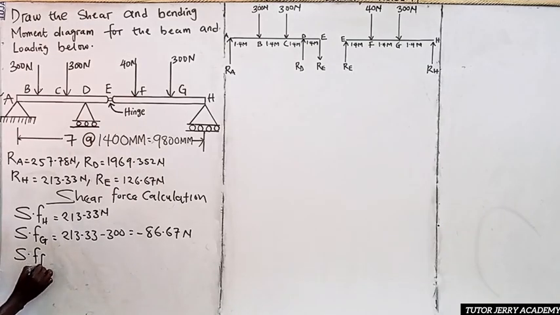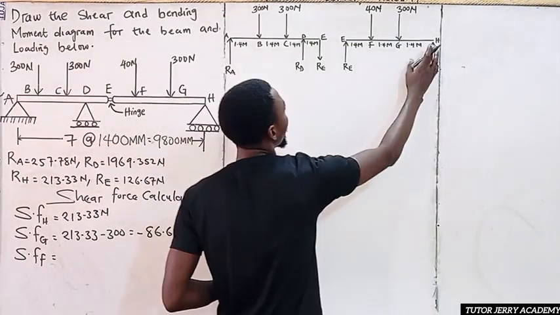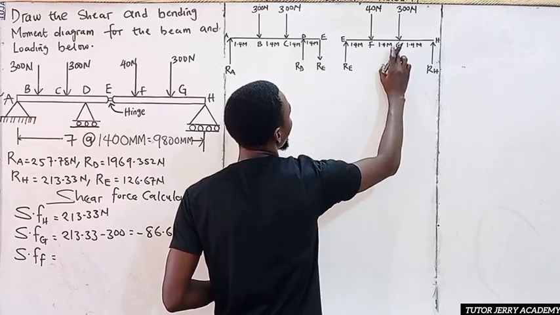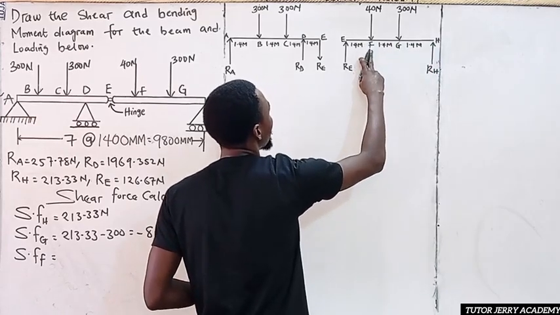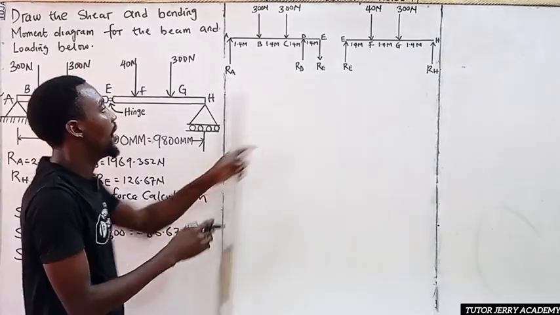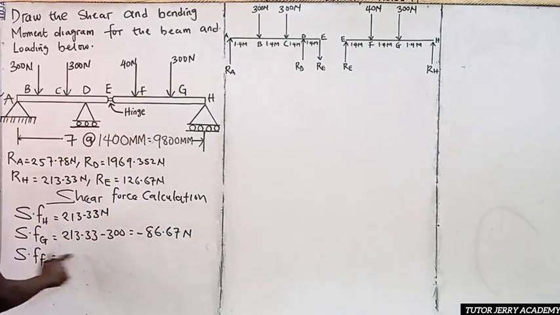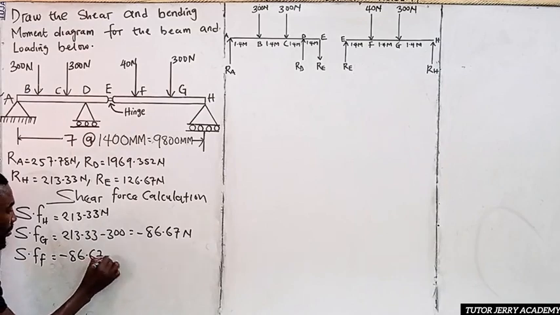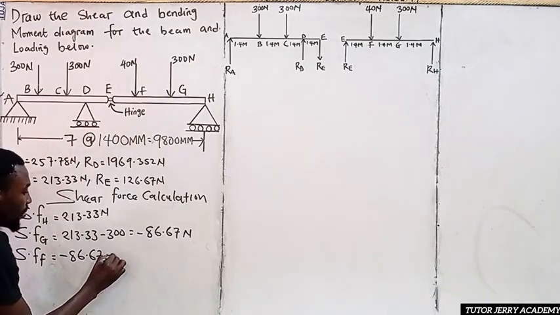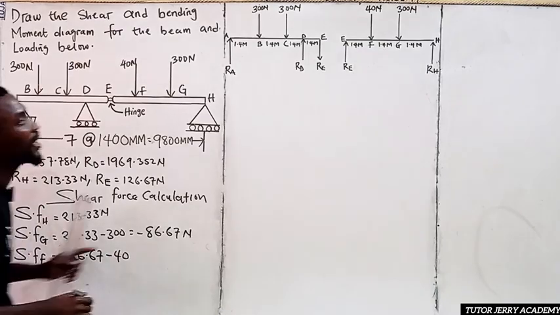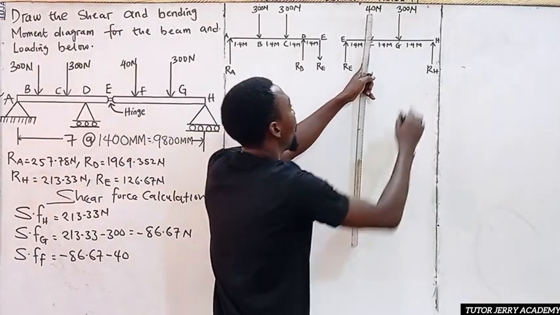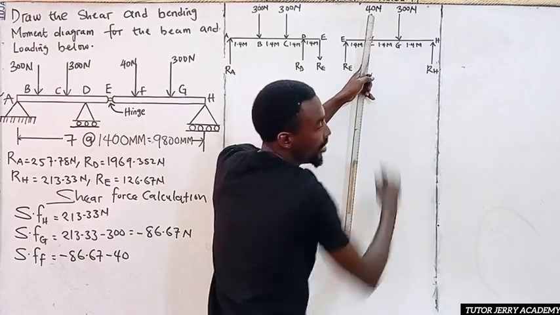All right. So the next one is shear force at point F. Since we know the shear force at point G, that of point F is going to be, it is a downward force, right? And that of point G is minus 86.67. Then minus 40. If you stand at point H here, you are going to have these three forces, 1, 2, 3. You understand?